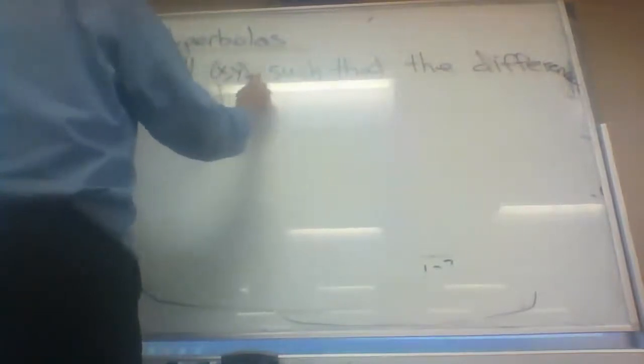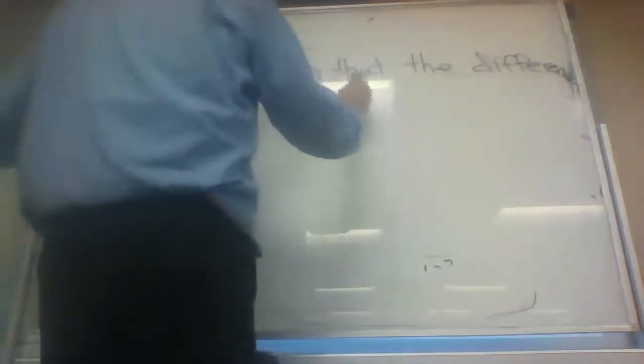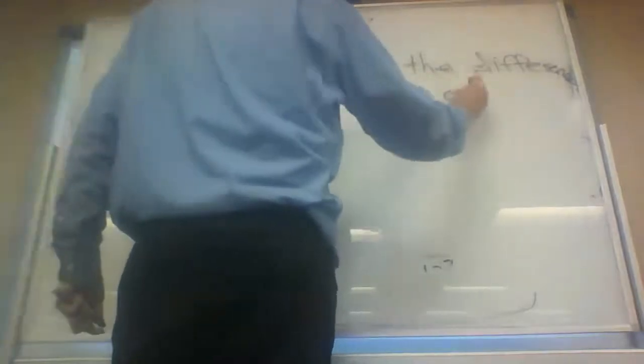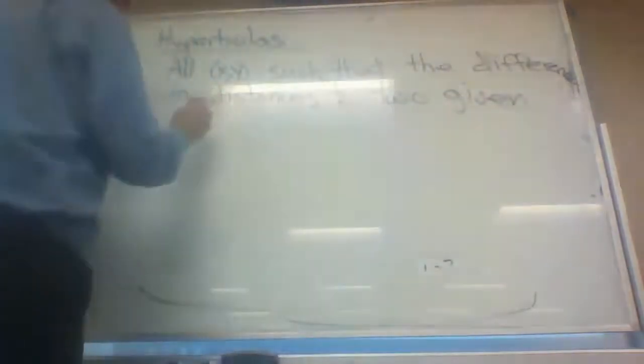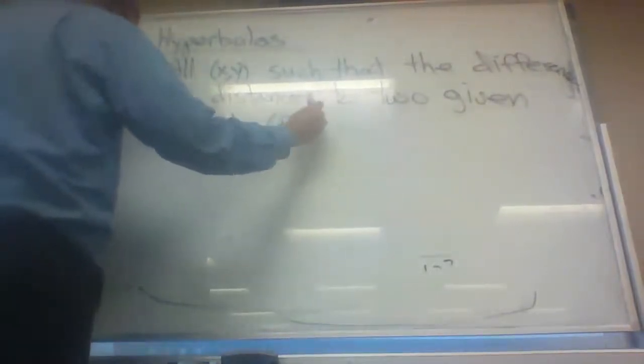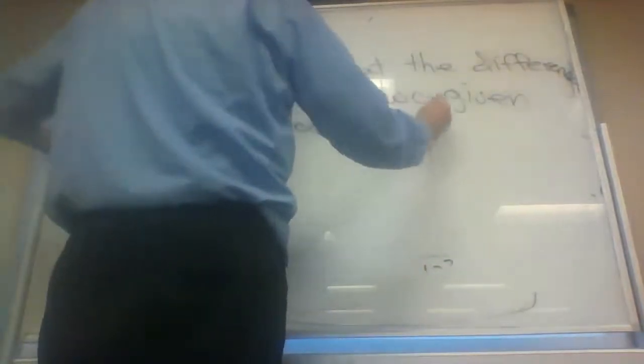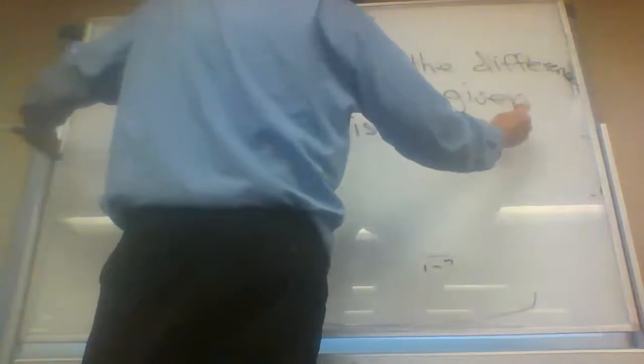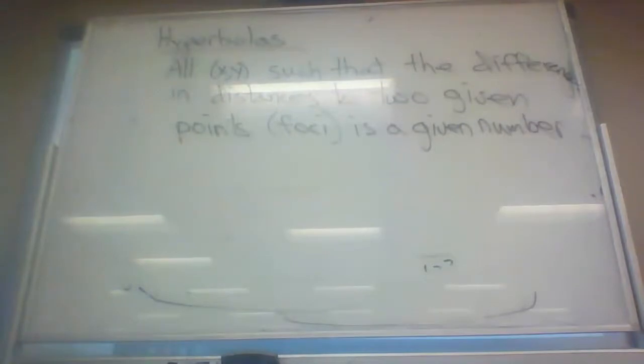These are all coordinates x, y such that the difference in the distances to 2 points called foci is a constant. Some positive number.